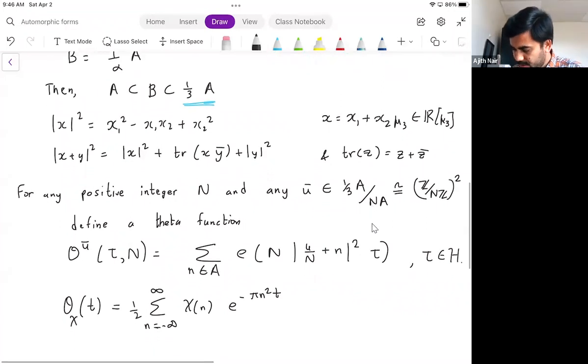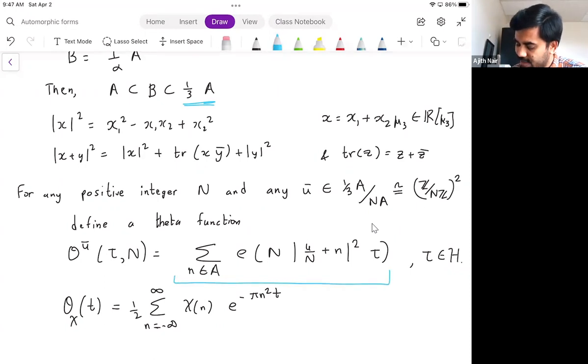So it's not immediately clear how this theta function is related to the more classical theta function, but I will later show why these two are similar, why the theta function defined here is a generalization of the classical theta function. So we will see that later. Right now we will just define it as this.